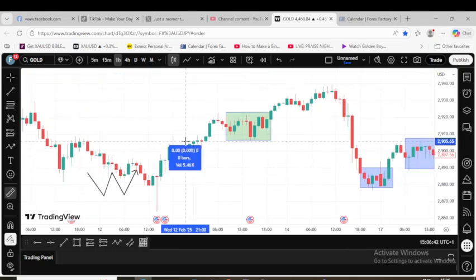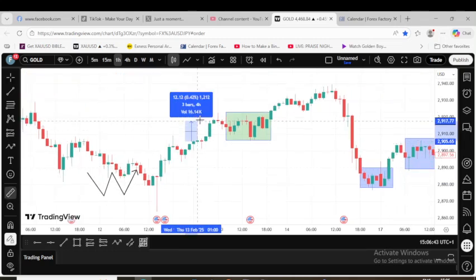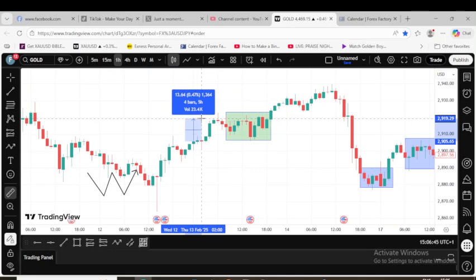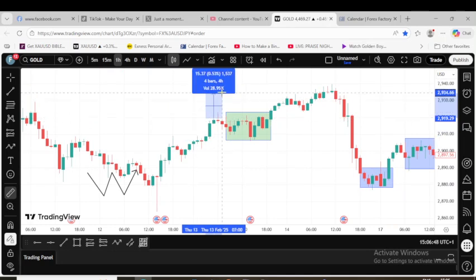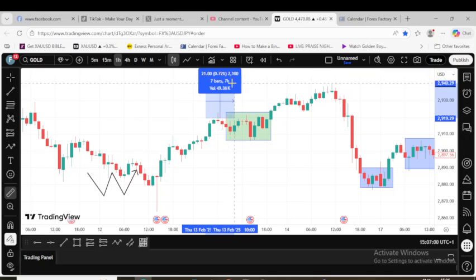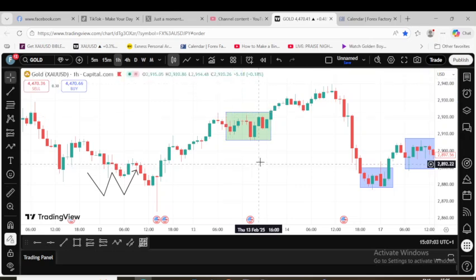So measuring this W, you can see this W is about, let's just say 14 points wide, and it goes as high as 20 points, but it doesn't get up to 28 points, which is double. It only goes as high as about 21 points, which is just a little over the halfway mark point.